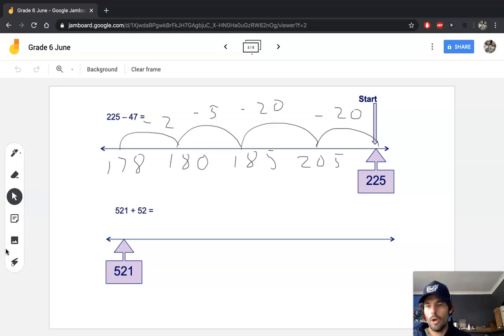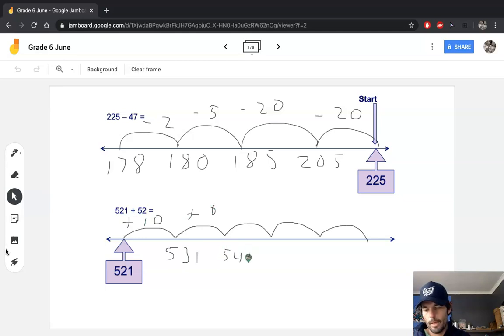On the second example, we are adding. So here we can go add 10, add 10, add 10, add 10. Okay, so we know that's going to give us 531. Add another 10 to 541. Add another 10 to 551.